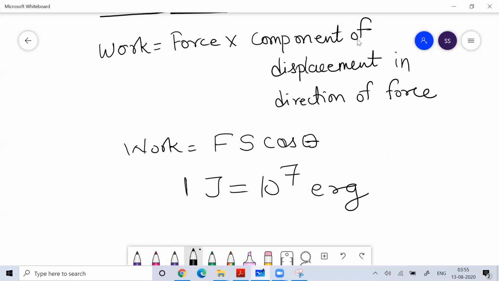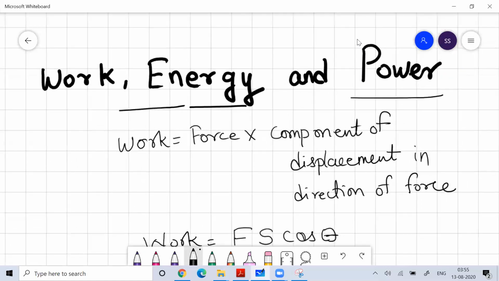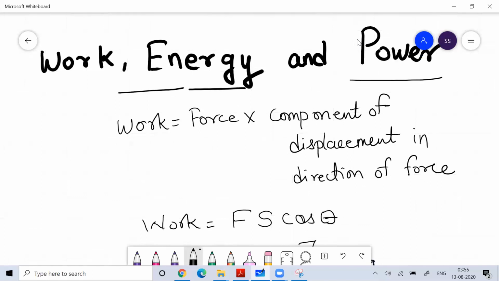Now talking about energy, energy is basically the capacity of the body to do work. You can talk about energy in terms of joule or in terms of calorie, where 1 calorie is equal to 4.18 joule.